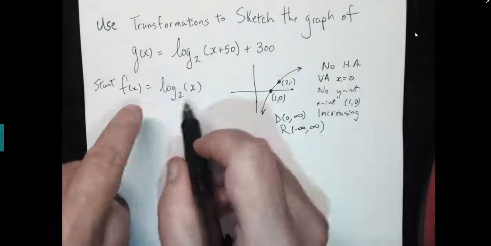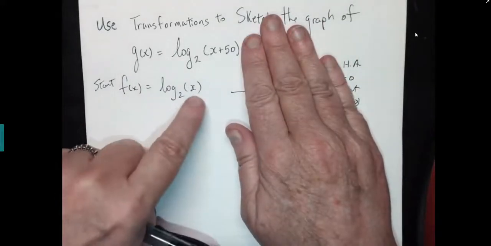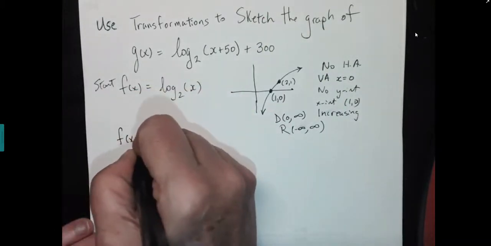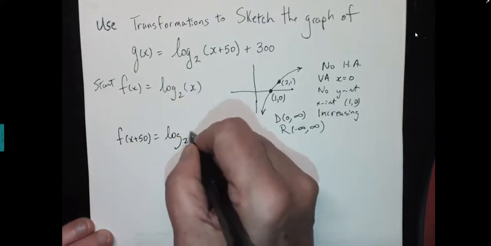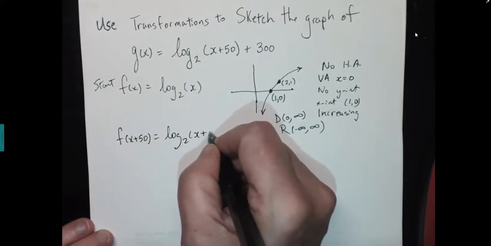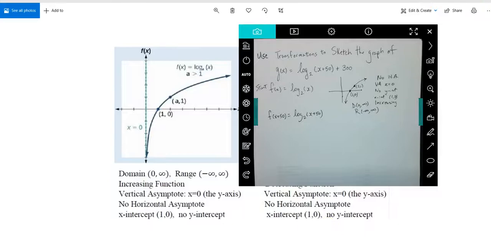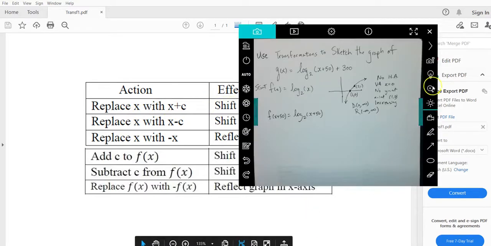Now I want to get this function from my basic function. The next thing I'm going to do is replace x with x plus 50. When you replace x with x plus a number in the function, it shifts the graph that many units to the left.